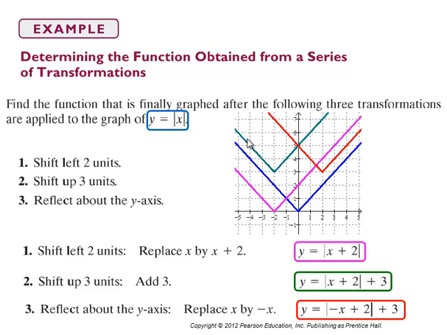When you replace x by negative x, that means that you've reflected the graph about the y-axis, and you'll see the graph that you see in the red, which really is the reflection of the green graph with respect to the y-axis, the mirror image.